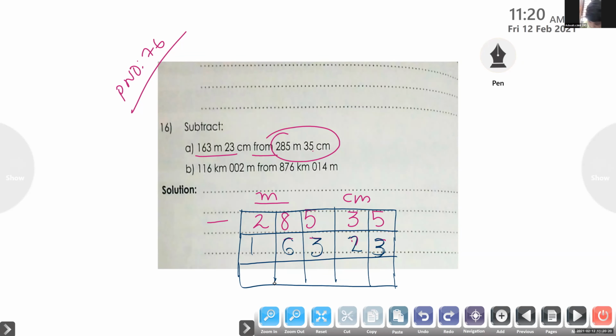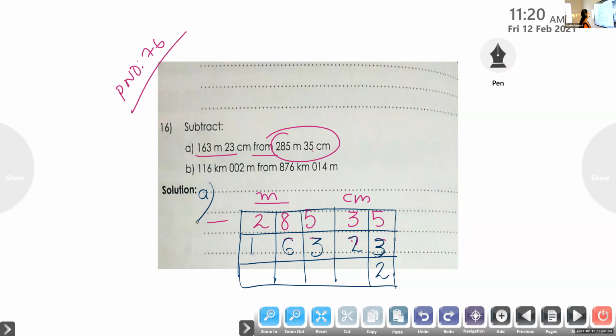Take 5 fingers, close 3 fingers. We will get 2. Then 3 minus 2. Take 3 fingers, close 2 fingers. You will get 1.